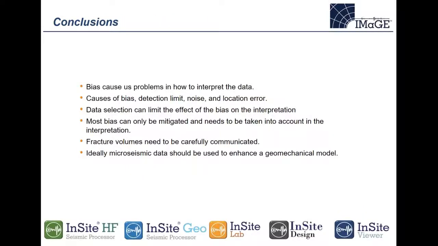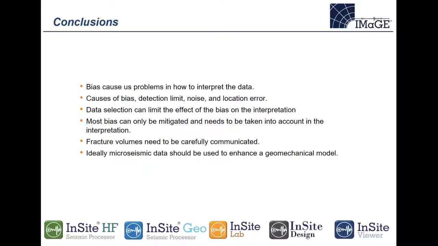In conclusion, we've got a set of biases causing problems in how to interpret the data. Causes of this bias include things like the detection limit, noise, and location error. Data selection can limit the effect of the bias on the interpretation. So if we select the best quality data, we can get the highest quality interpretation.